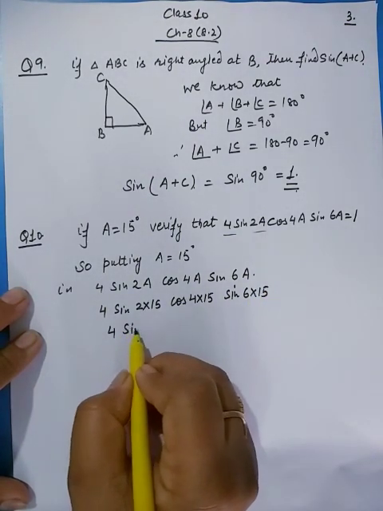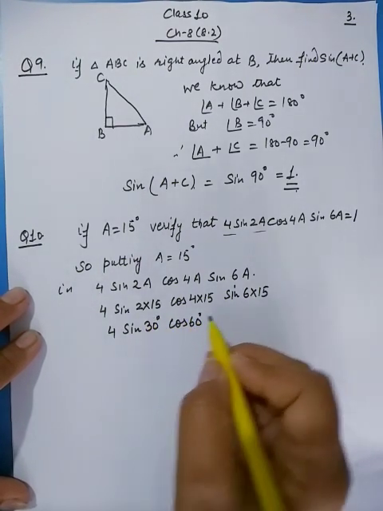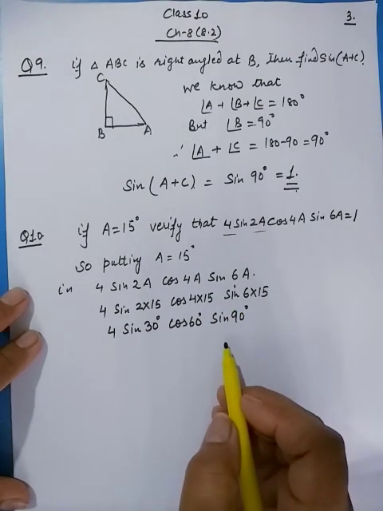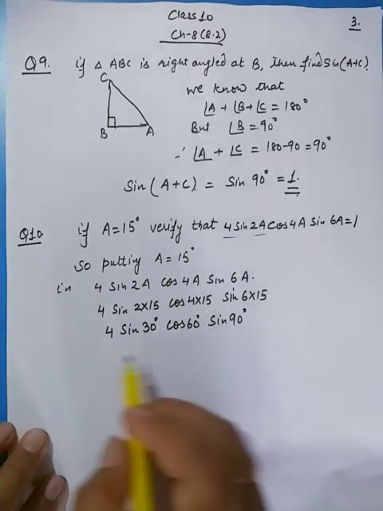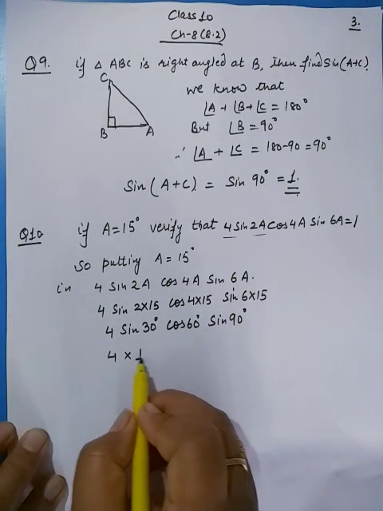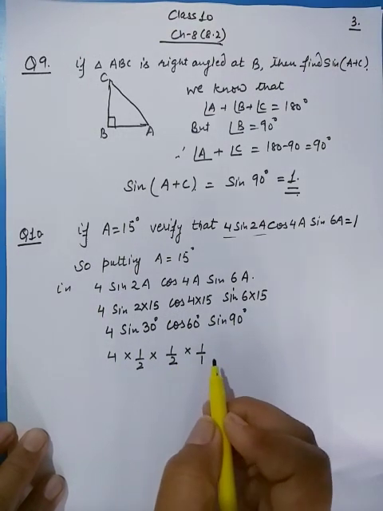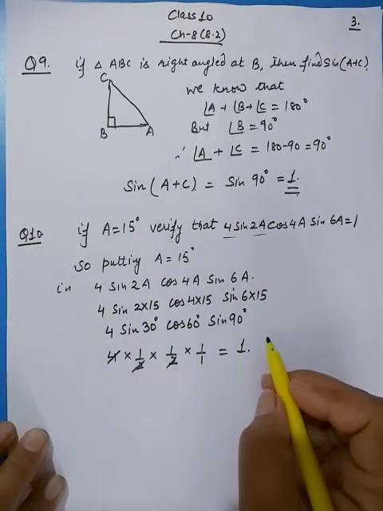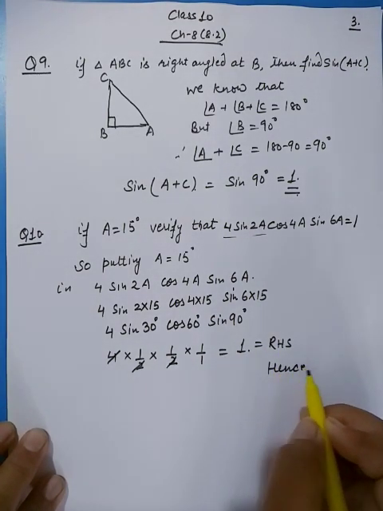The angles will be sine 30, cos 60 and sine 90 degree. And we all know the values of these T ratios for these angles. So sine 30 is 1 by 2, cos 60 is 1 by 2 and sine 90 is 1. This will cancel out. Finally the answer is 1 and it is equal to the right hand side, hence verified.